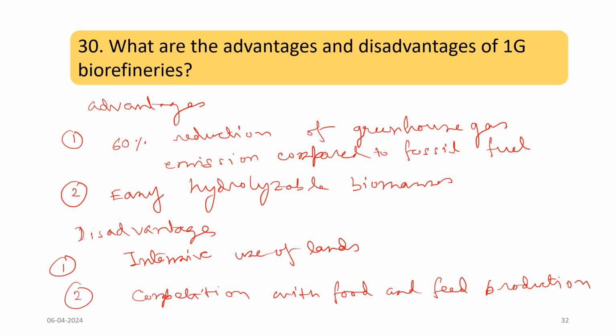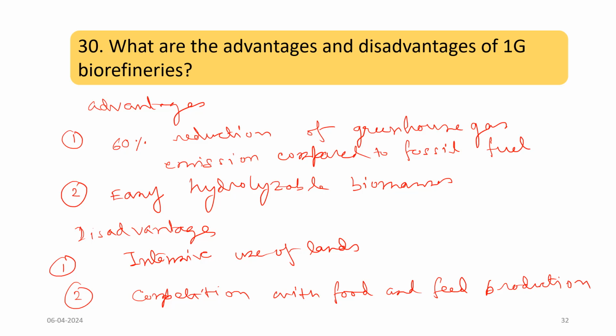So if these are edible parts and we use this as a feed for the refineries, then what will we use for the food also, right? So there is a contradiction between the food and feed production, and continuously the competition is happening, and that is the disadvantage of 1G biorefineries because it uses edible parts of the food as raw materials.